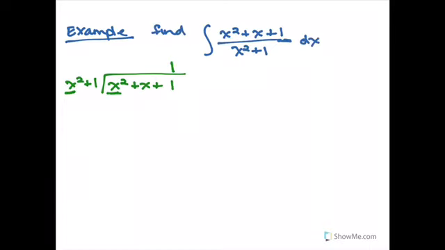Then I multiply it back out. 1 times x squared plus 1 will give me x squared plus 0 plus 1 here. And we subtract all of that off. So x squared minus x squared gives me 0. X minus 0, I'm going to bring down an x here.